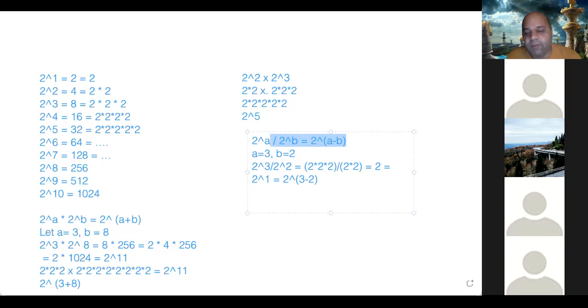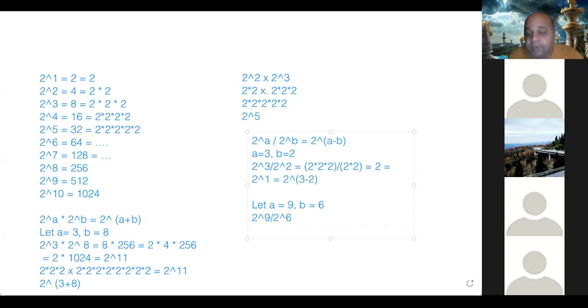What does this tell you? Why this formula is powerful is that a and b can be any number. It is not just 3 and 2. For example, let a is equal to 9 and b is equal to 6. Now I tell you to calculate 2 raised to 9 divided by 2 raised to 6.